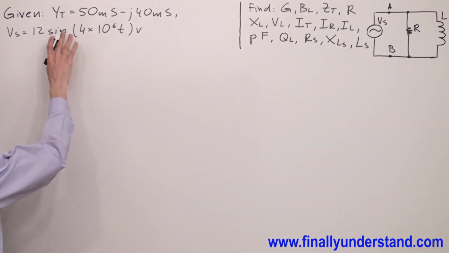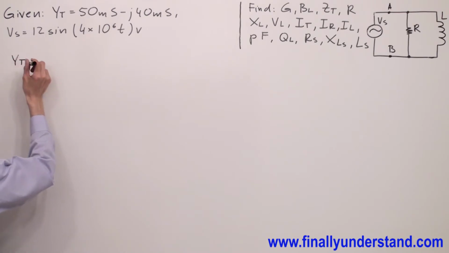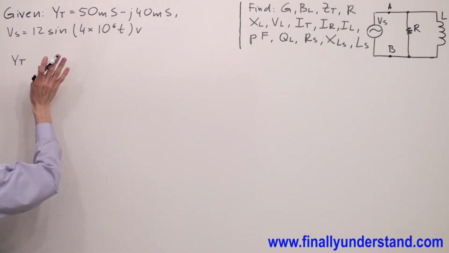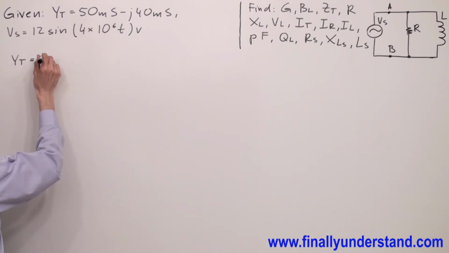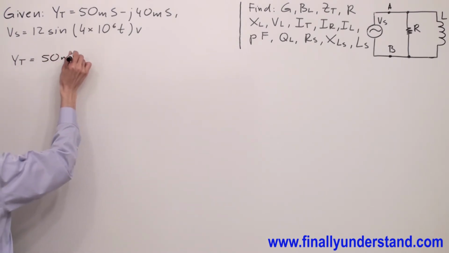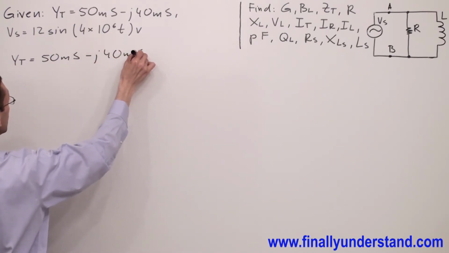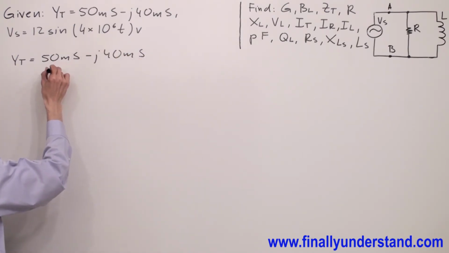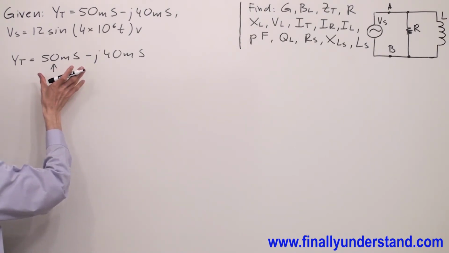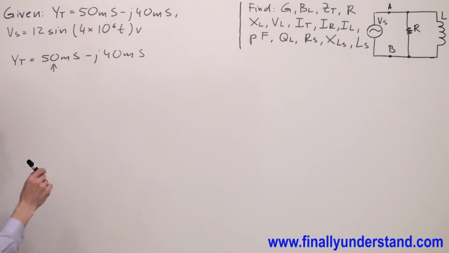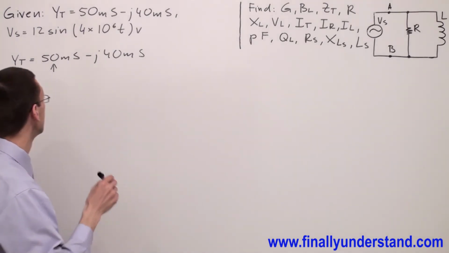How are we supposed to look at the given information? You're supposed to copy down Y total, because Y total has to do with G and BL. So, Y total is equal to 50 millisiemens minus j 40 millisiemens, where the real part of my total admittance expressed in rectangular form is representing the conductance.